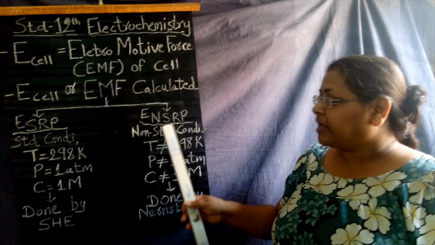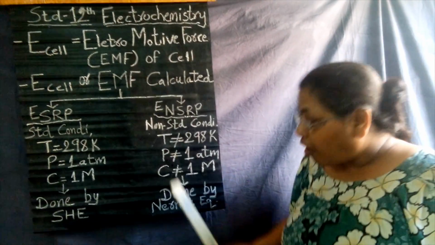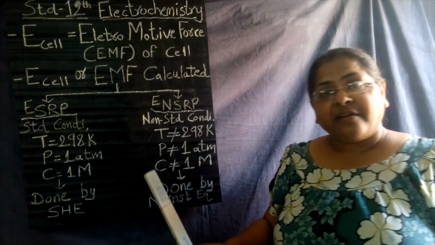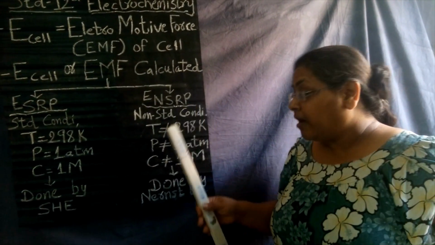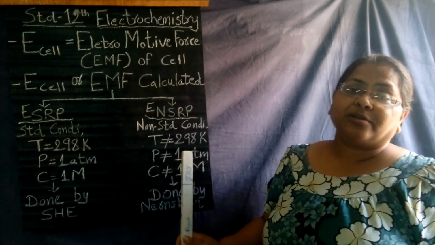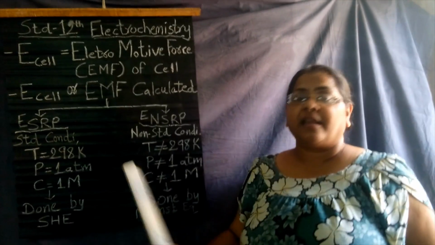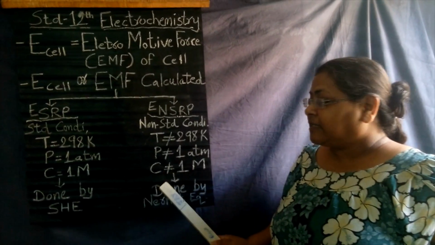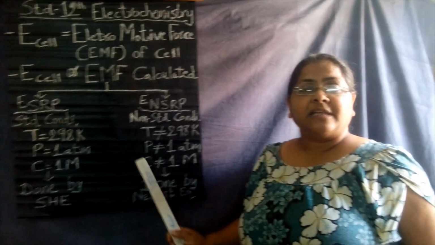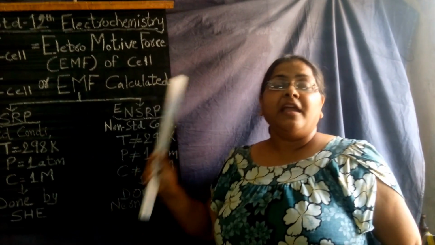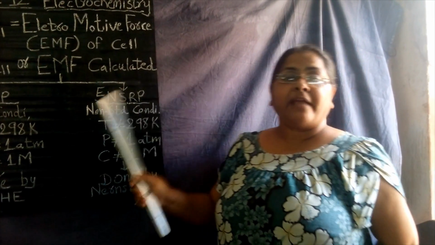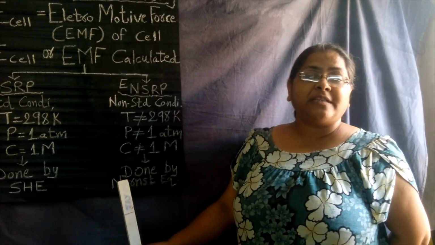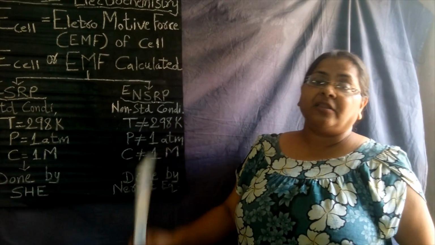Now when I say non-standard condition, it means not all three need to differ from the standard. If any one is non-standard, then the potential we get for the cell will not be considered standard potential. That means the whole cell will give us the value by the help of Nernst's equation, which is based on equilibrium and thermodynamics.